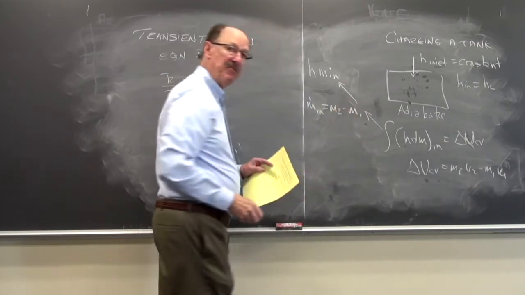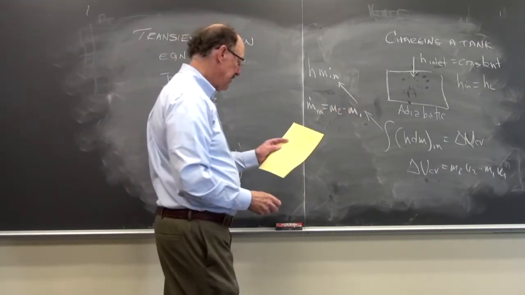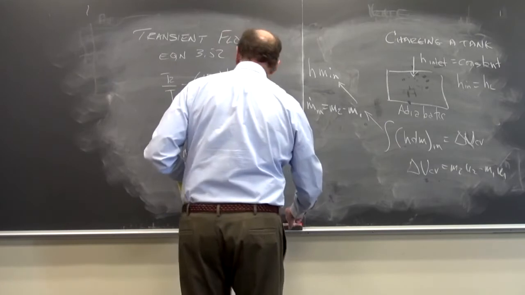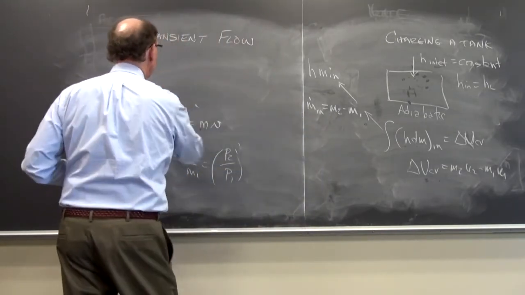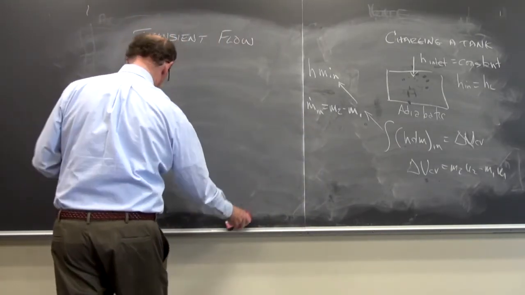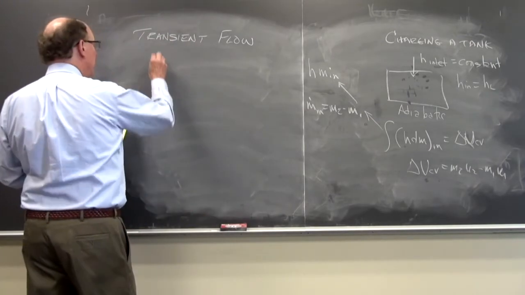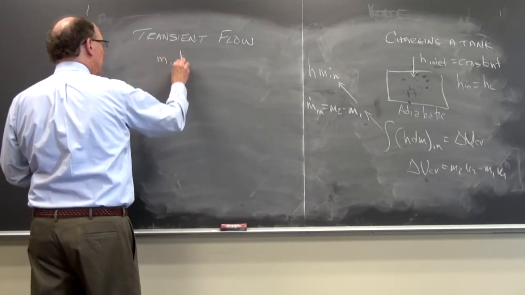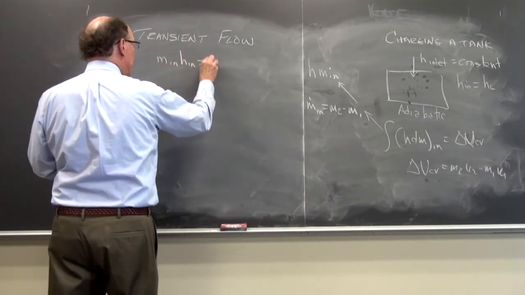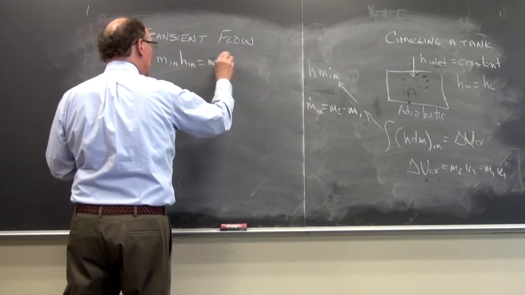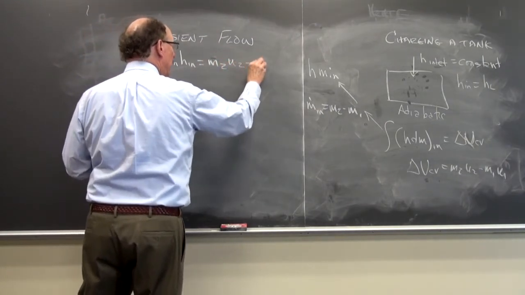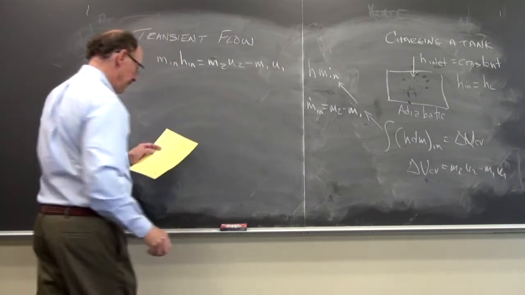Right? The mass final minus the mass initial is that. So we end up with our equation. Mn times Hn is equal to M2U2 minus M1U1.